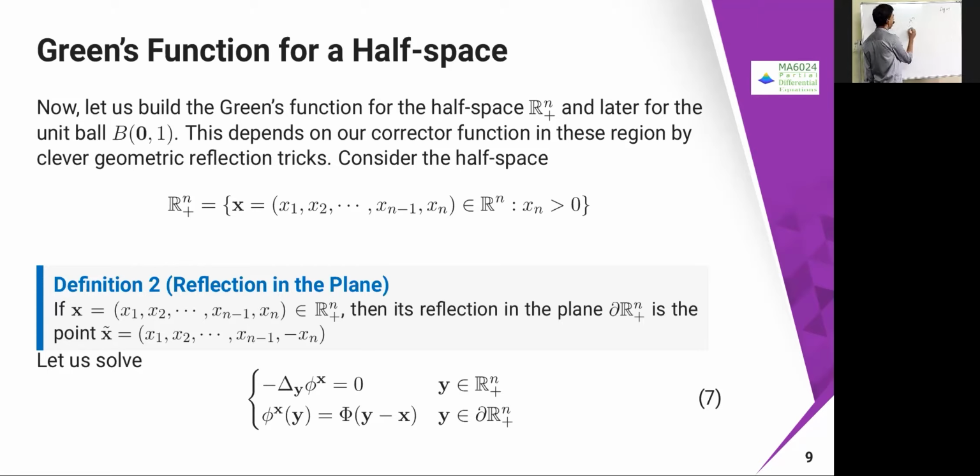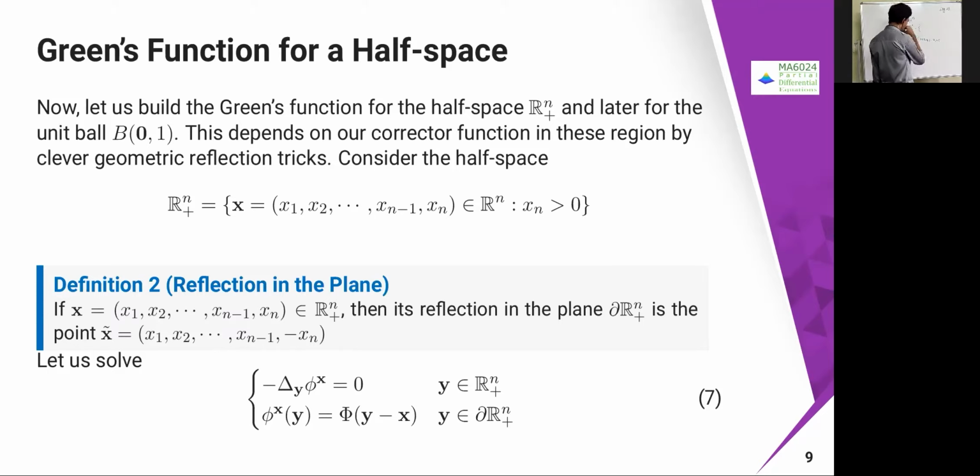Now I'm going to define Rn plus. In Rn plus, I mean that I take only the last coordinate. If you take R square, the half space is nothing but x equal to (x1, x2) such that x2 is greater than 0. This is called the reflection in the plane, with respect to R square, and this is called R square plus.